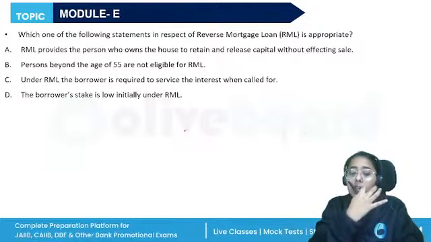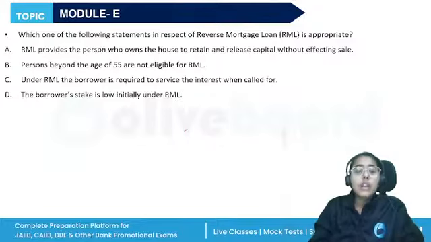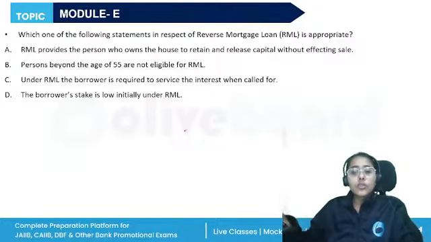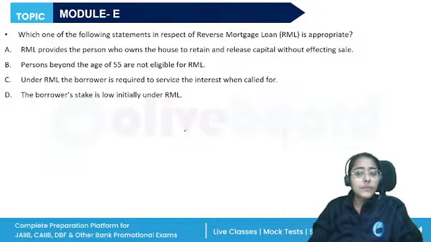So, when we talk about a reverse mortgage loan, how is it different from a normal mortgage? In a normal housing loan, where the property being purchased is mortgaged to the lender, the borrower avails a loan to begin with. At that point of time, his stake in the property is low. Then as the EMI is paid, the loan amount reduces and his stake in the property increases.